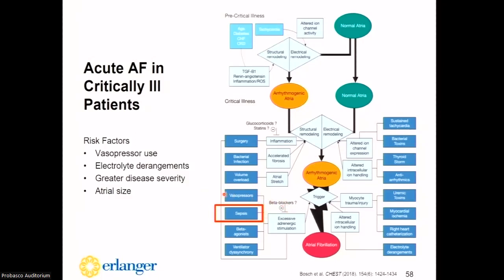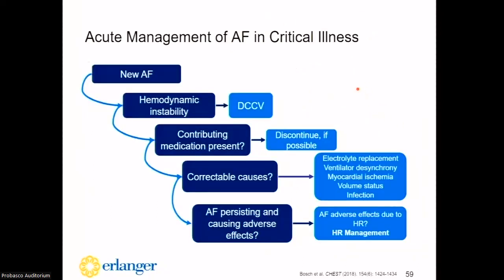And we're going to focus in a lot of our studies coming up on sepsis and also vasopressor use in this setting. So your approach to atrial fibrillation in critical illness is this: new onset AFib. Are they hemodynamically unstable? And still by the guidelines, they recommend direct current cardioversion. Do we have a contributing medication present?